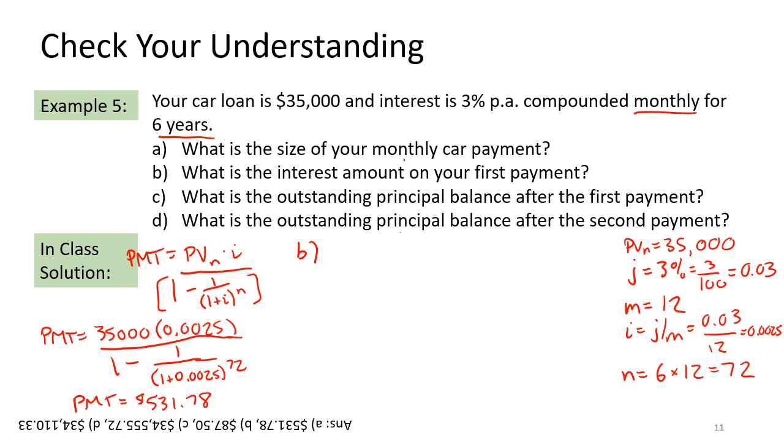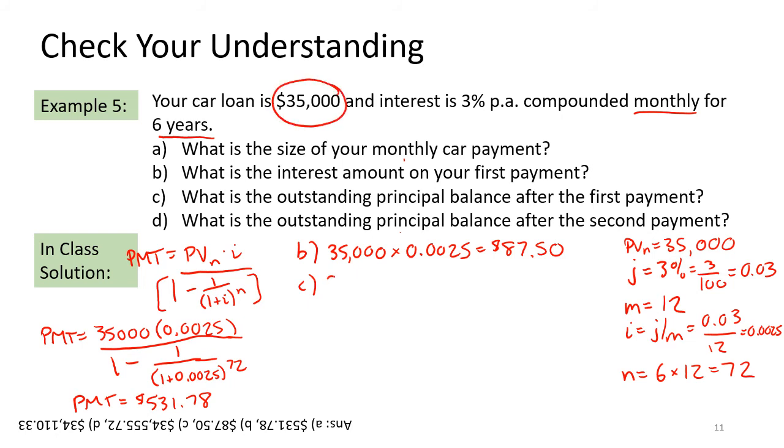So on your first payment, the amount of interest you're paying is $35,000 multiplied by the periodic interest rate, 0.0025, which gives you $87.50. So what that means is, for part C, your outstanding principal balance, you have to determine how much of your payment is actually paying off this car loan.